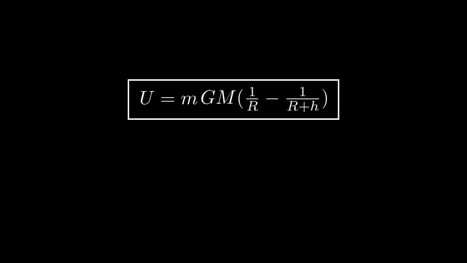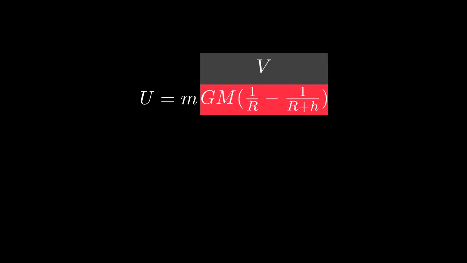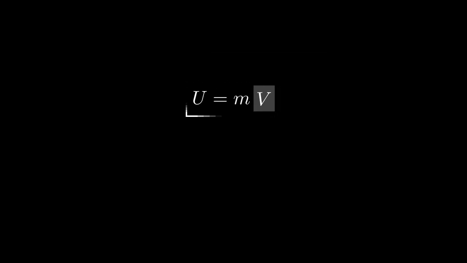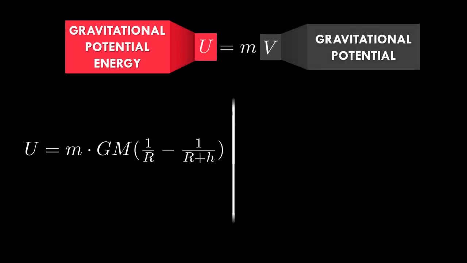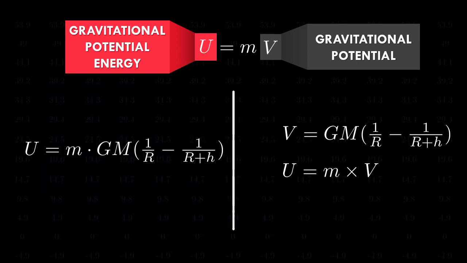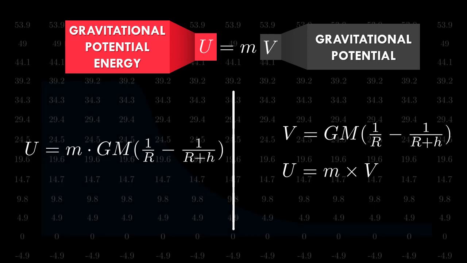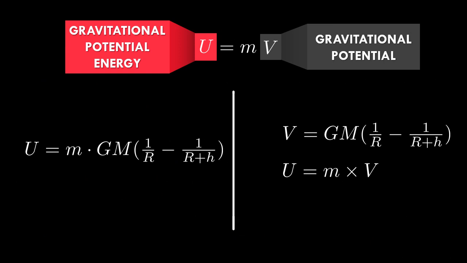But fortunately, U equals mV still applies. Just bundle everything into that gravitational potential V and it's just as simple as before. All you need to know is the value of V. That's where those Shinigami eyes will come in very handy. That or the value of potential will be provided in the question.